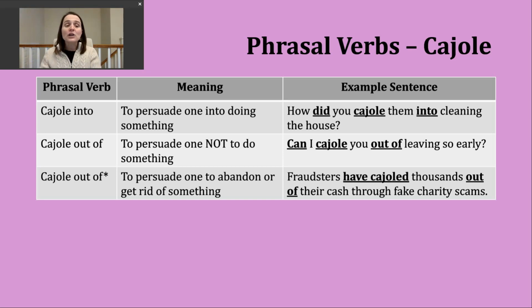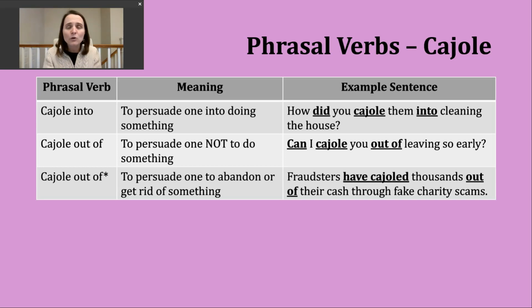A second way you'll hear cajole out of used is to mean to persuade someone to abandon something or get rid of something. An example of this: fraudsters have cajoled thousands out of their cash through fake charity scams. Sometimes this happens through social media, where someone posts a really moving story.